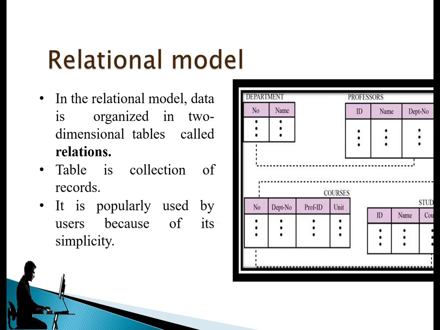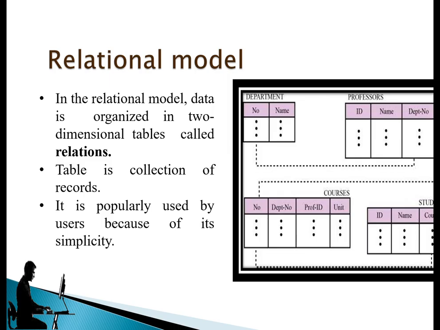So it includes relational model. Relational model is a very important type of model. This is also known as RDBMS. R stands for Relational Database Management System. This model organizes data in two-dimensional tables, and these tables are also known as relations. There can be multiple relations or multiple tables in your database.